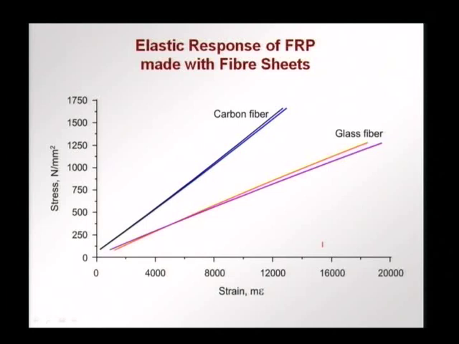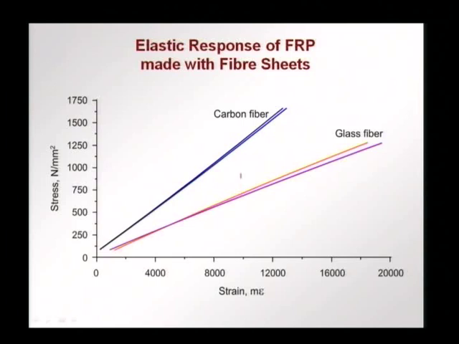On the x axis we have the axial strains in microstrains, on the y axis we have the stress. You find that carbon fiber gives an FRP system with much higher stiffness. You see the slope here is much higher than in the case of glass fiber reinforced polymer.